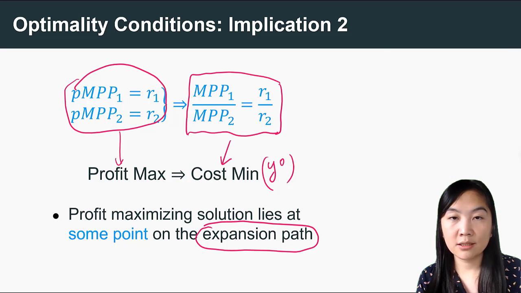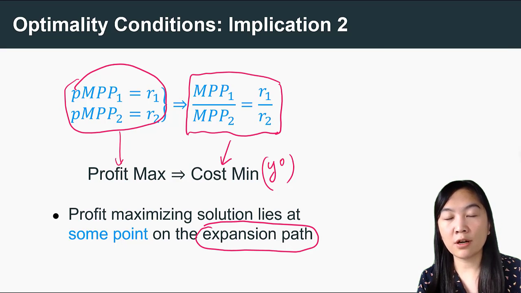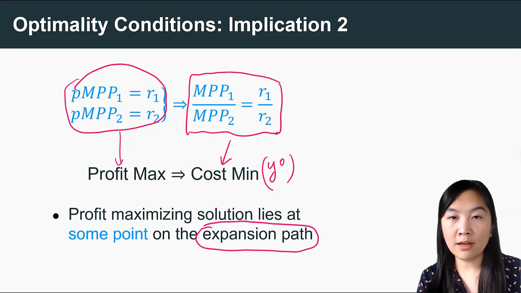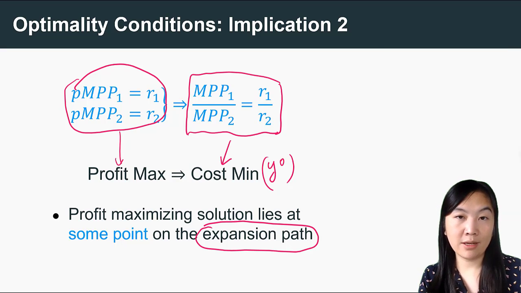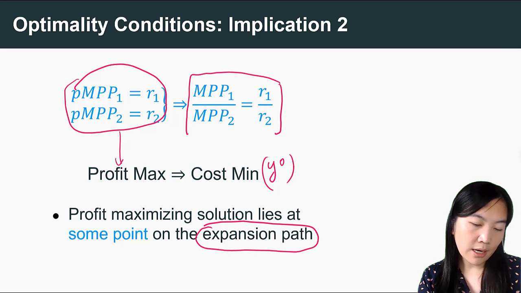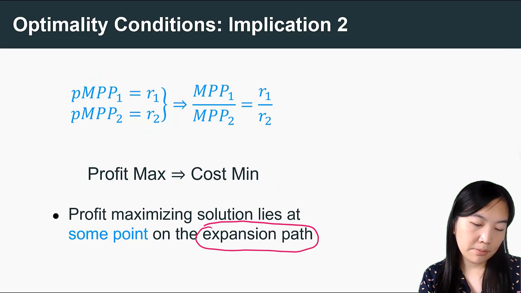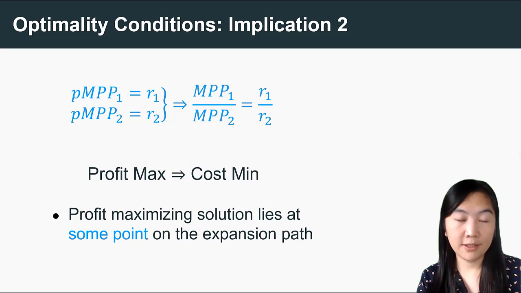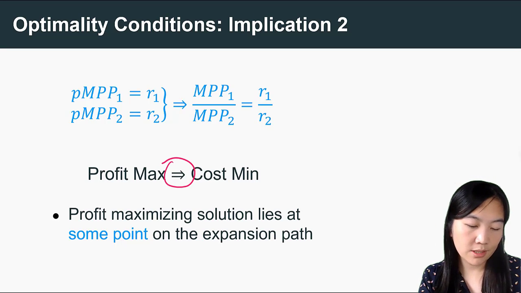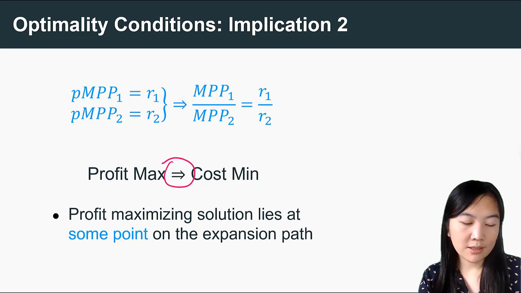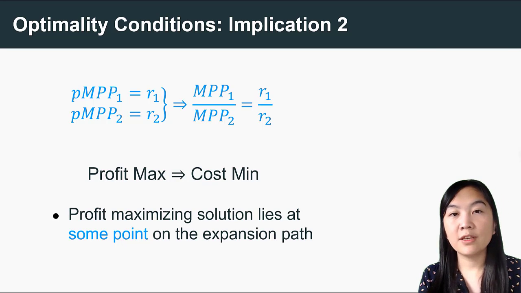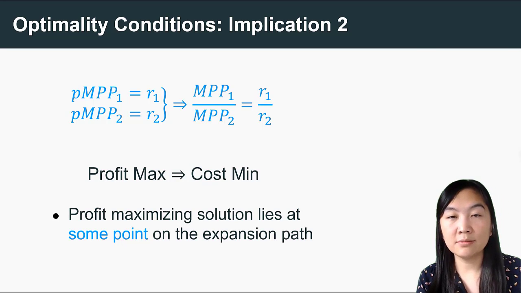If you connect all of the points of cost minimization for all levels of output, then you get your expansion path. Let me be a little bit careful here. So pay attention to this arrow here.